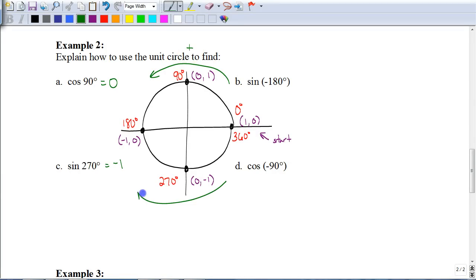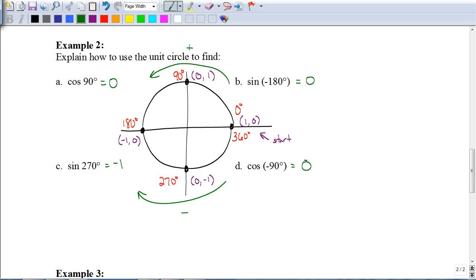When it's a negative degree rotation, we go clockwise. So sine of -180 would bring us over here to the point (-1, 0), so the sine would be 0. Or if I'm asked to find the cosine of negative 90, cosine of negative 90 would go backwards, clockwise, so that brings us down to the point (0, -1). So the cosine of that would be 0.